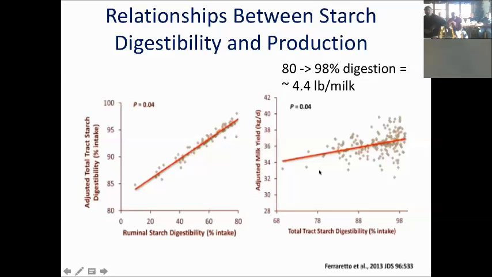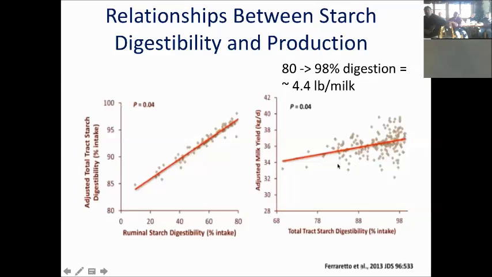If you take that one step further and look at total tract starch digestibility and adjusted milk yield here, sorry, this is in kilograms. This is a slide that's updated from some earlier work that Jeff Firkins had done, where his milk yields were actually quite a bit lower than in this database.